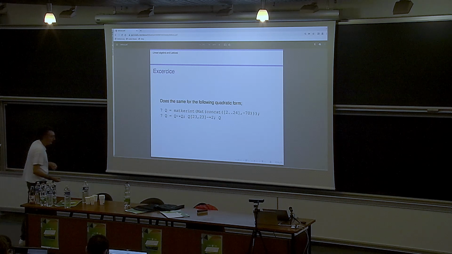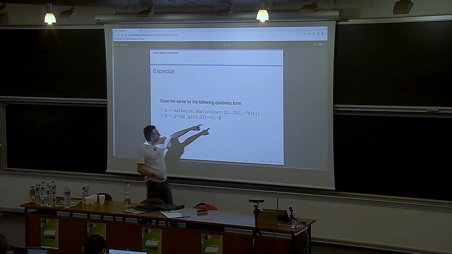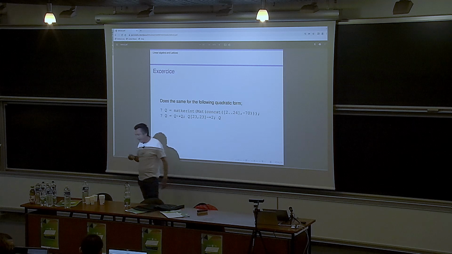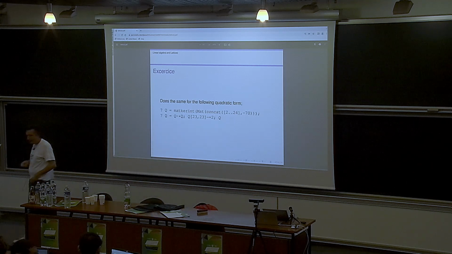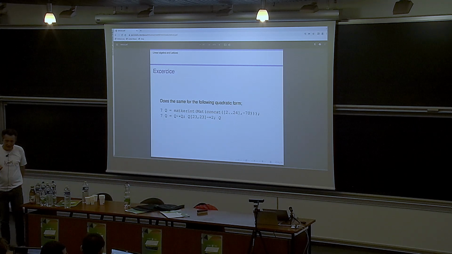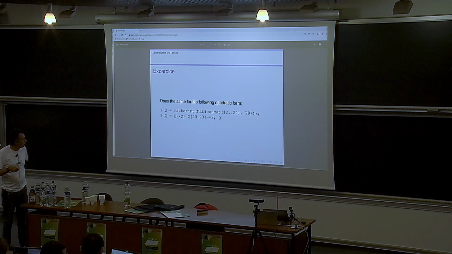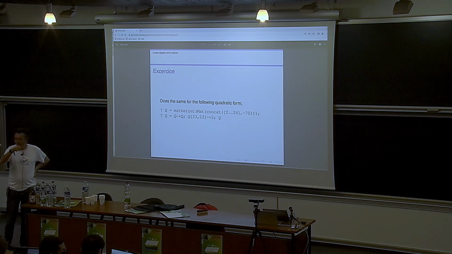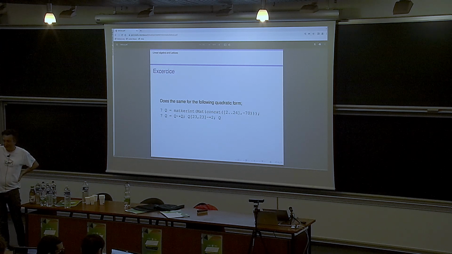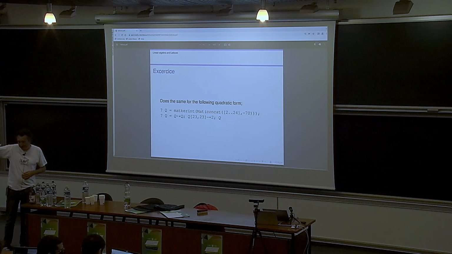And so it's a very nice construction of a lattice because you start from the equation where you want 1 square plus 2 square up to 24 square equal to a square.